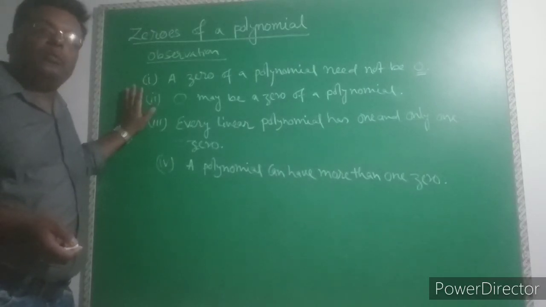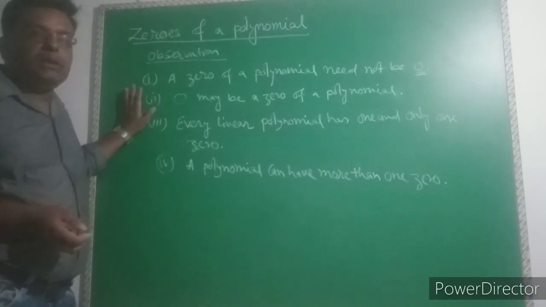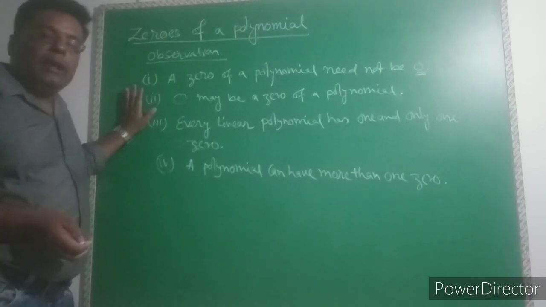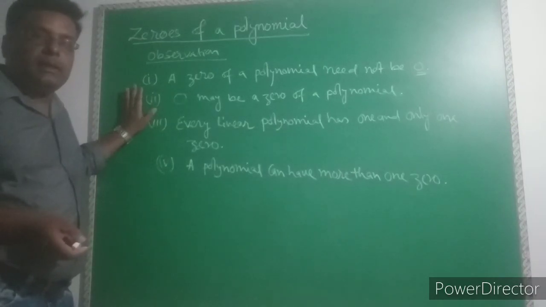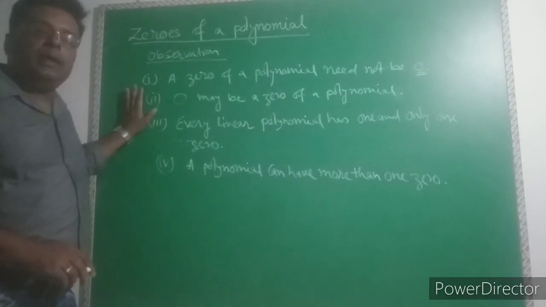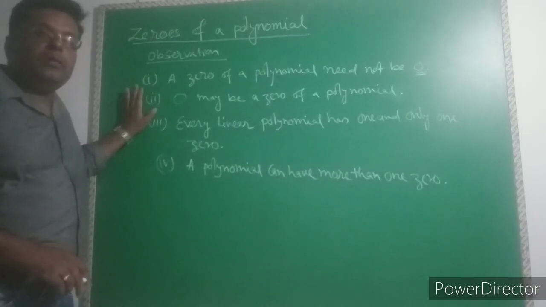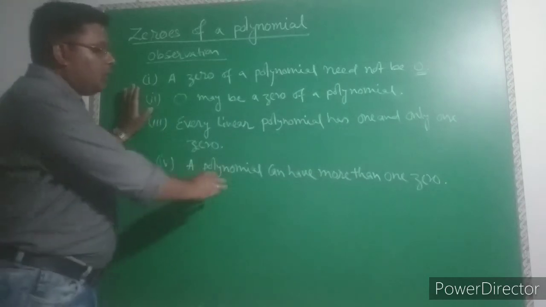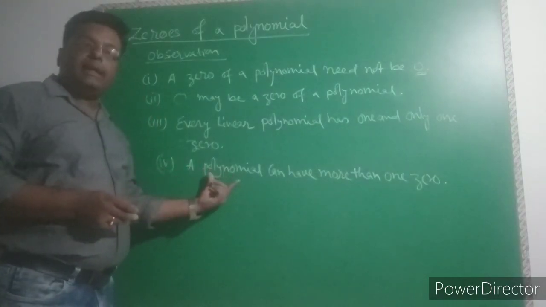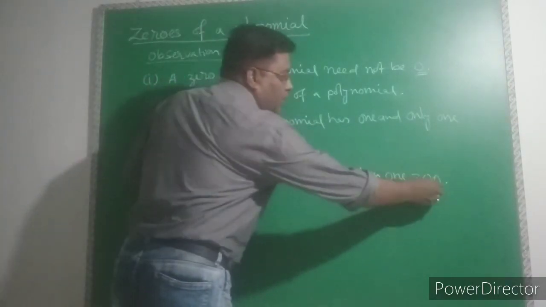That is, for a quadratic polynomial we get 2 zeros. Similarly, if the polynomial is cubic, that is, the degree of the polynomial is 3, then we have 3 zeros. If the degree is 4, that is, there is x to the power 4 in the polynomial, we get 4 zeros, like this. So a polynomial, according to its degree, has more than one zero.